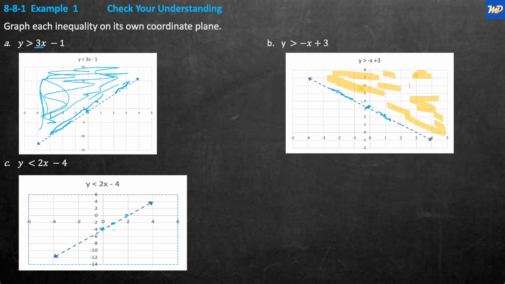But right now, the only solution to this inequality is every point, every y value along any x value that is below the line, because it says y is less than the line. So your y value has to be less than the line. So we can include everything in here, everything up to the line, but not including the line. Okay?